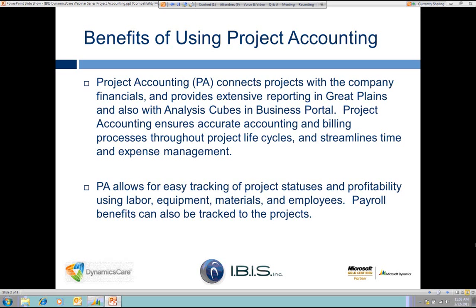So that over in the module called project accounting, we can track all of the details related to the specific project. And there are multiple transaction types that we can use to track information in project accounting over to our general ledger, and we'll talk about that more.